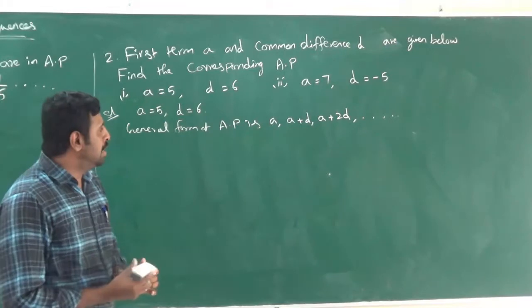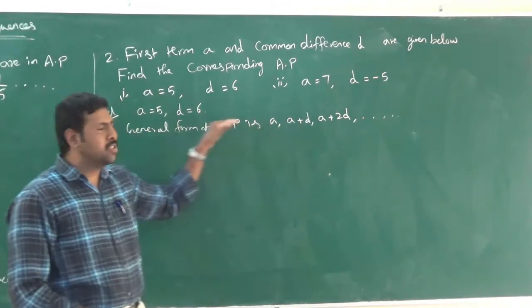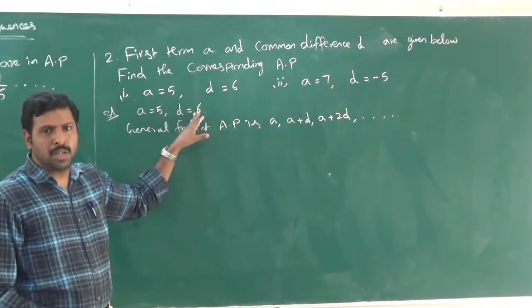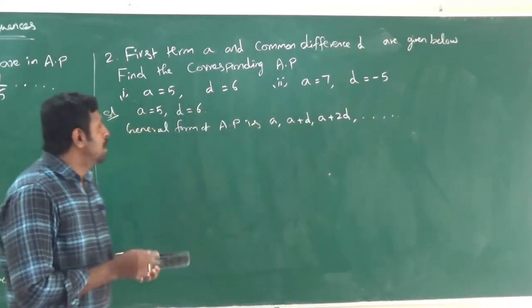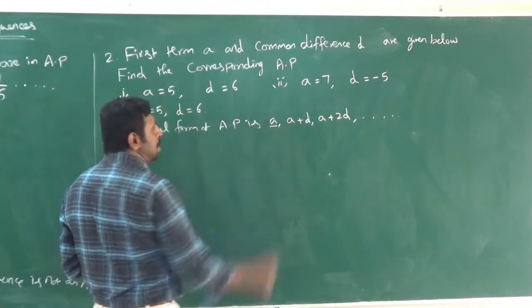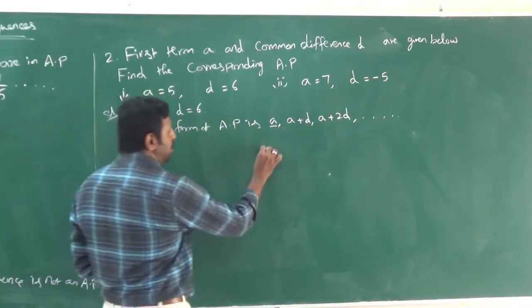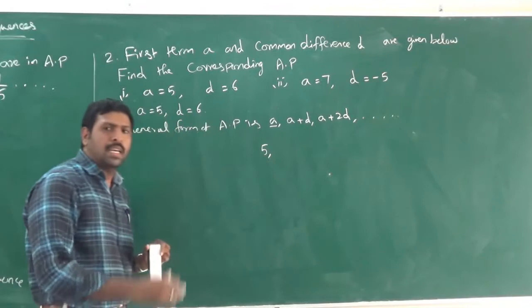So in the place of A and D, you just apply the values of the given first term and the common difference. You can form the AP here, right? The first term is A. What is the value of A? That is 5. And then A plus D, right?